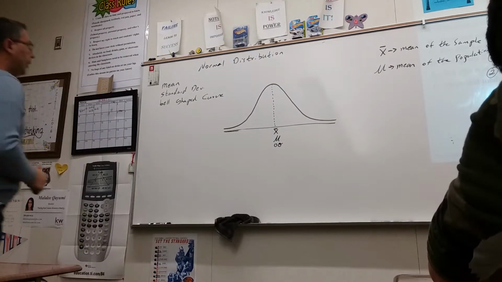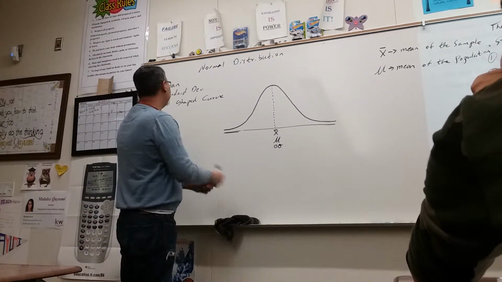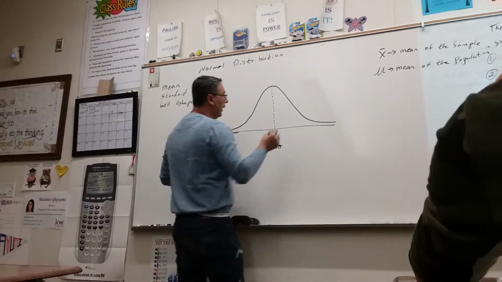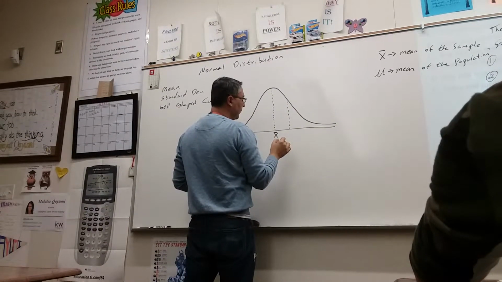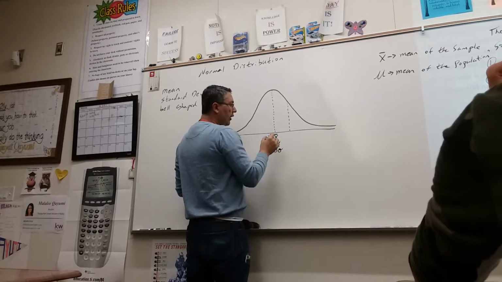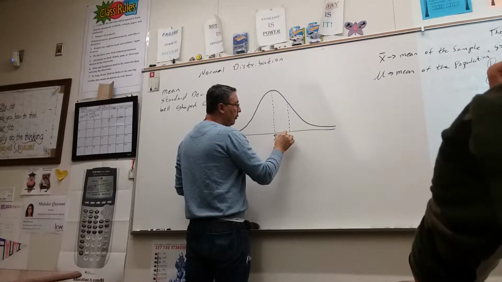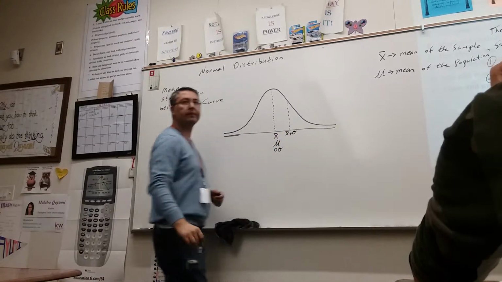Now what happens in a bell-shaped curve, and that's why we need things to be symmetric, is right about here somewhere. This is one standard deviation. So the way you get to this is you take your mean and you add sigma to it.